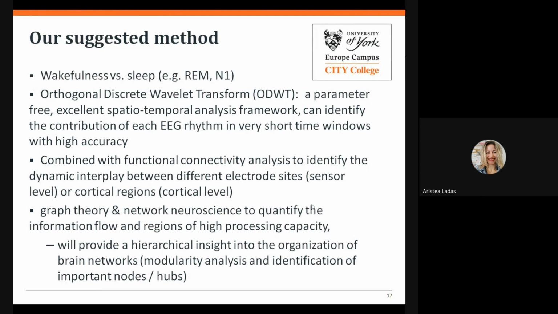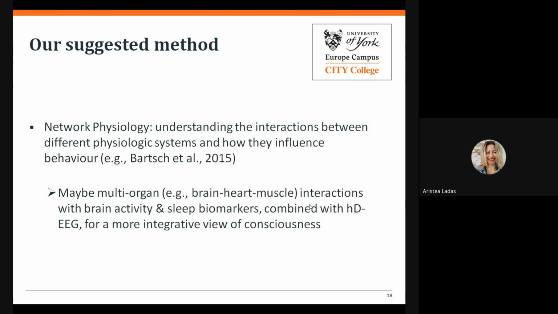This is our suggestion of a method we could use to analyze sleep EEG data, combining oscillatory and aperiodic activity. We will not go through it in detail right now. And we also suggest that maybe multi-organ, like brain-heart-muscle interactions, along with brain activity and sleep biomarkers, combined with high-density EEG, could provide us with a more integrated view of consciousness, because the brain does not work in a vacuum.